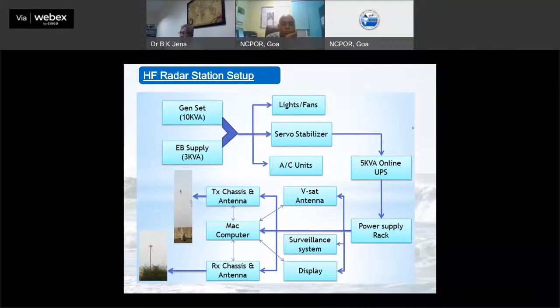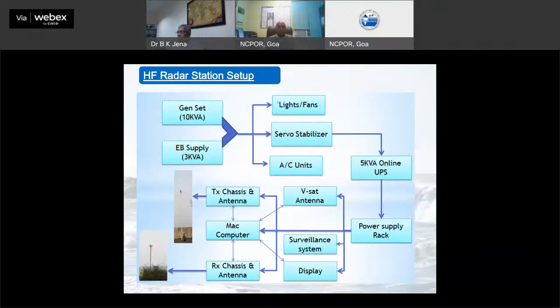In brief, for the entire remote site system, we give the EB supply because a main power supply is required to run the AC and all these things. And if power supply is not there, we have also kept a generator which can feed our system.